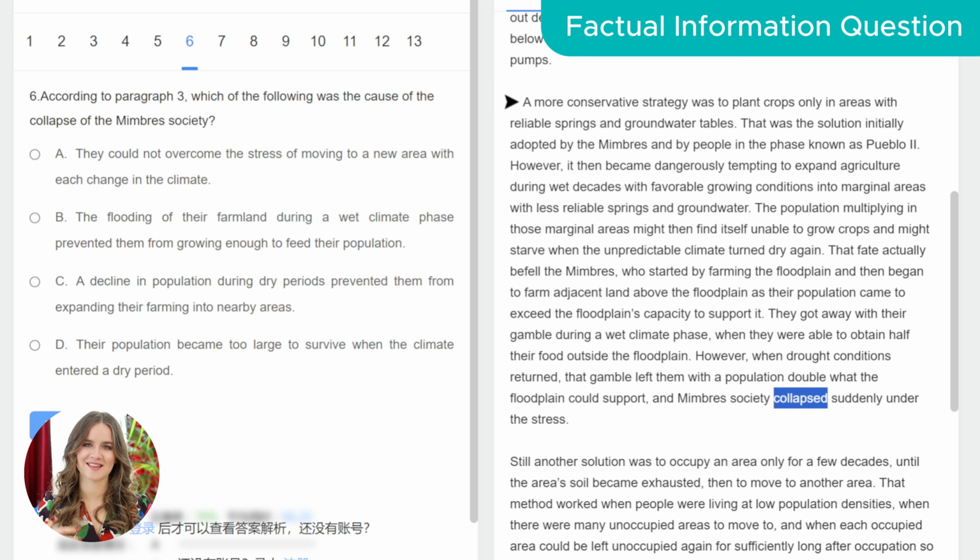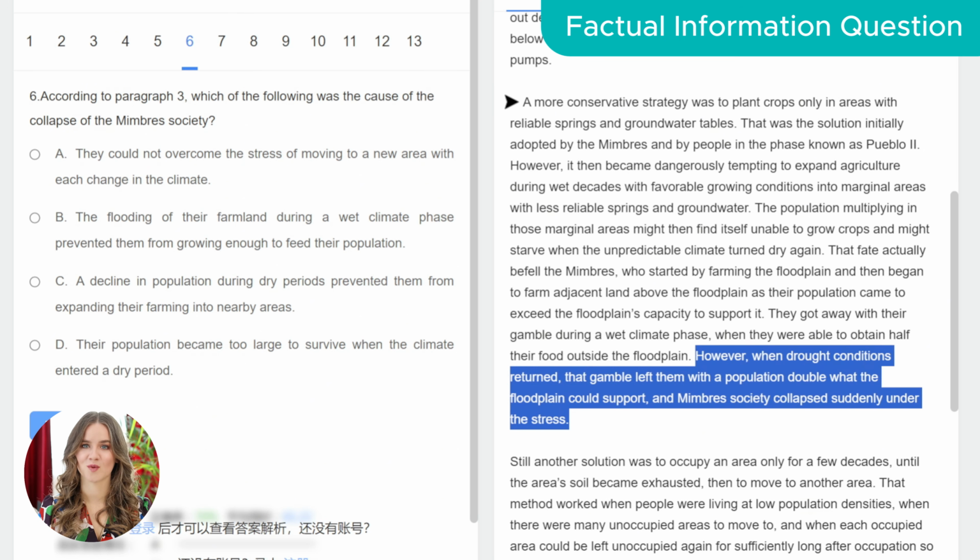So I'm going to read this sentence and give it a try. However, when drought conditions returned, that gamble left them with a population double what the floodplain could support, and the member society collapsed suddenly under the stress.